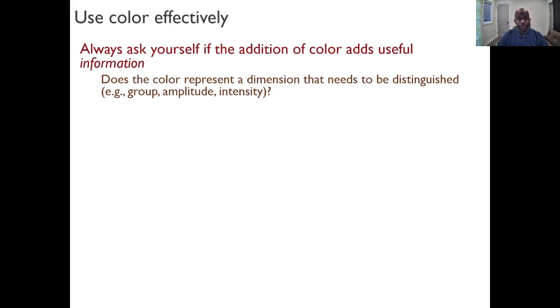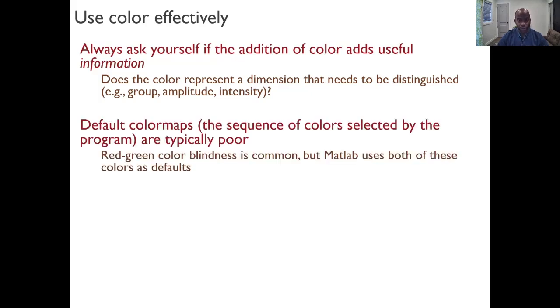So one of the ways that we can really think about design is to make sure that we use color effectively. When we think about adding something to our figure, we always want to focus on whether what we add is contributing useful information. So if we're adding color, does that color represent some dimension that we need to distinguish for our audience to understand?